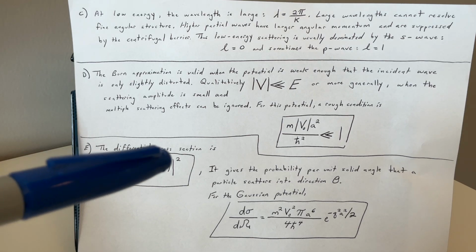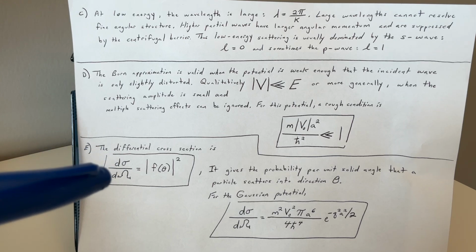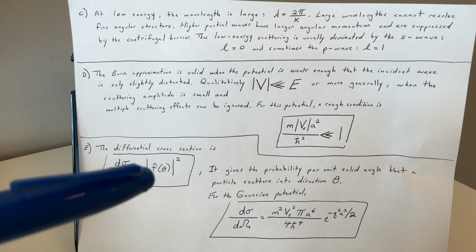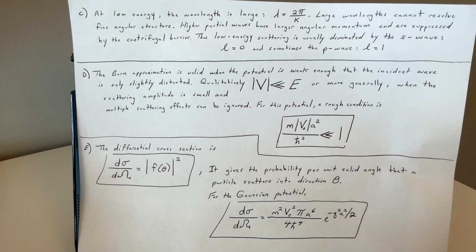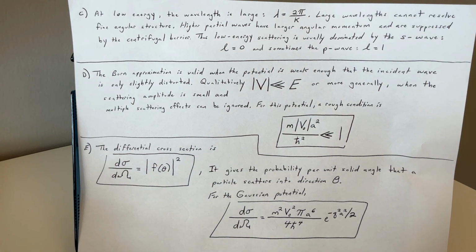Letter E, the differential cross section is here. dσ/dΩ equals the modulus of f of theta squared. It gives the probability per unit solid angle that a particle scatters into direction theta.